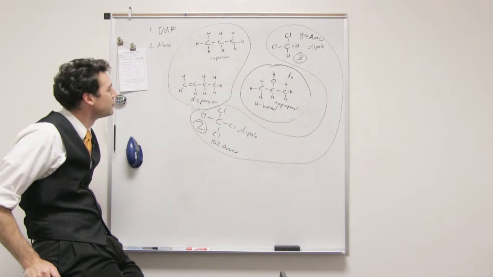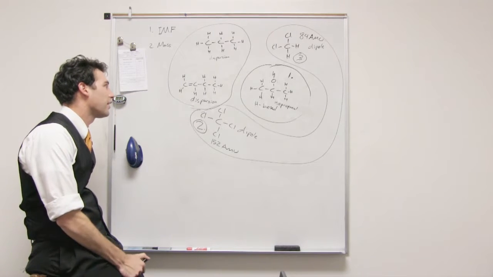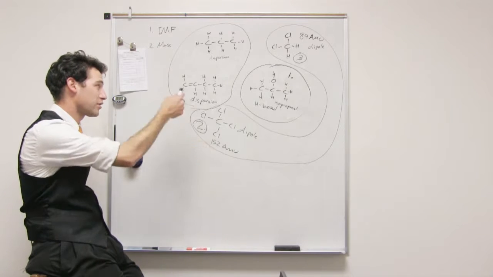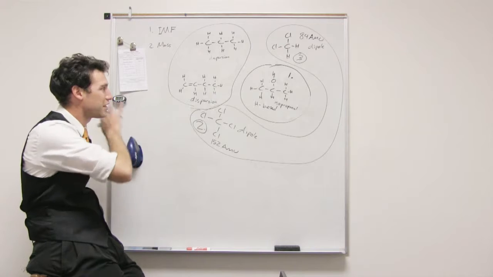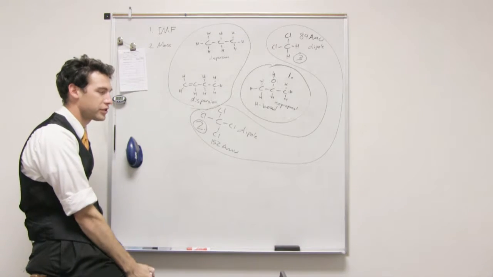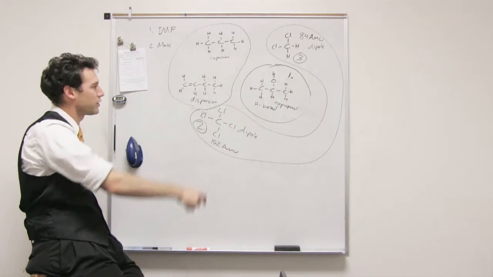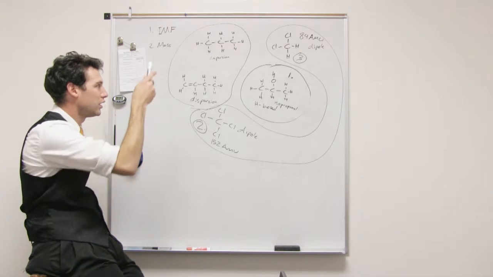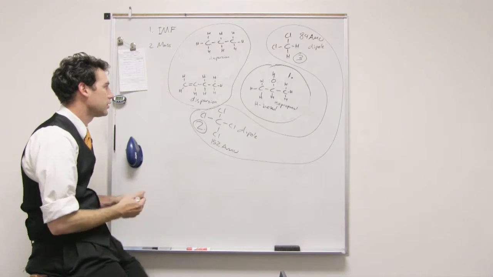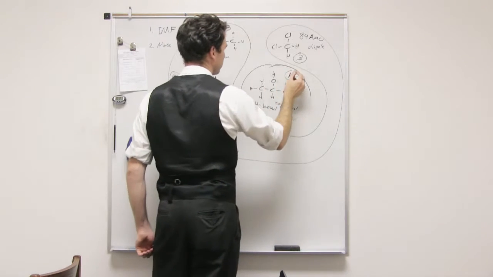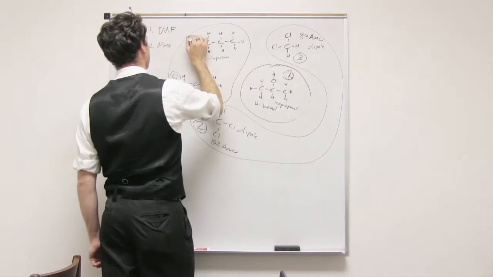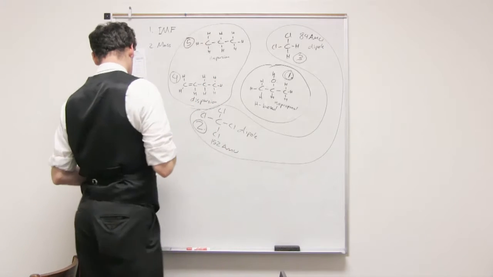The bottom one, because it has one more carbon. With that carbon, we could see more of a dispersion shift. So this one has more dispersion potential. So this guy will be our number 4, and this guy will be our number 5. And number 4 is butene.